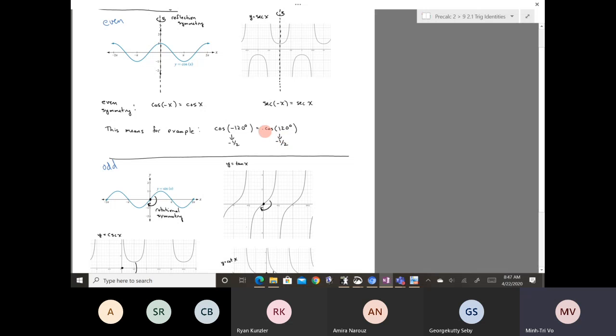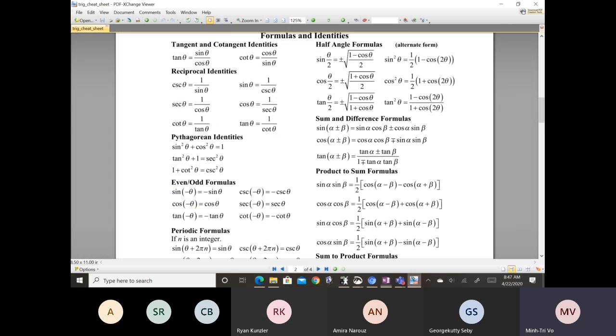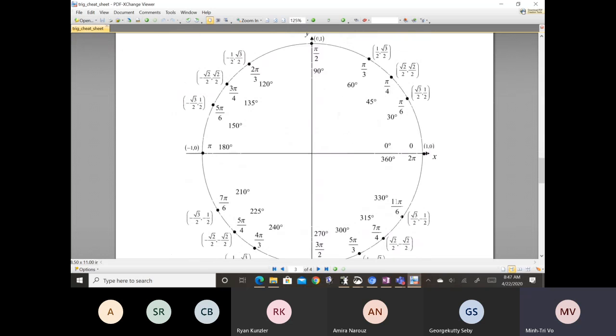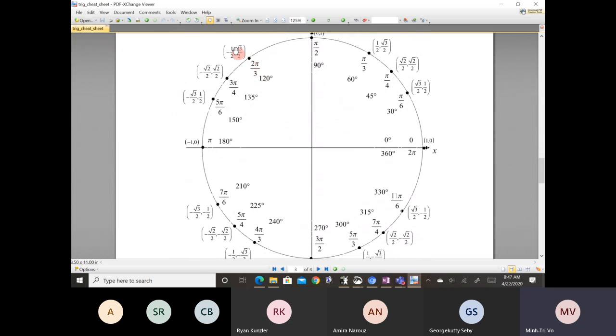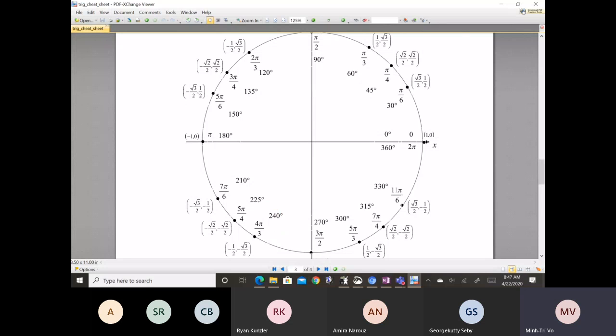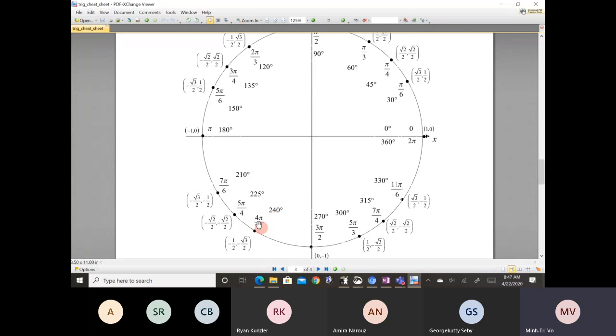So in terms of the unit circle, 120 degrees is here, and then negative 120 is actually the same thing as 240 degrees, because that's the coterminal angle. And for the cosine function, it's the x-coordinate. So the x-coordinate here is exactly the same as the x-coordinate here. That's basically what the even symmetry is trying to indicate.